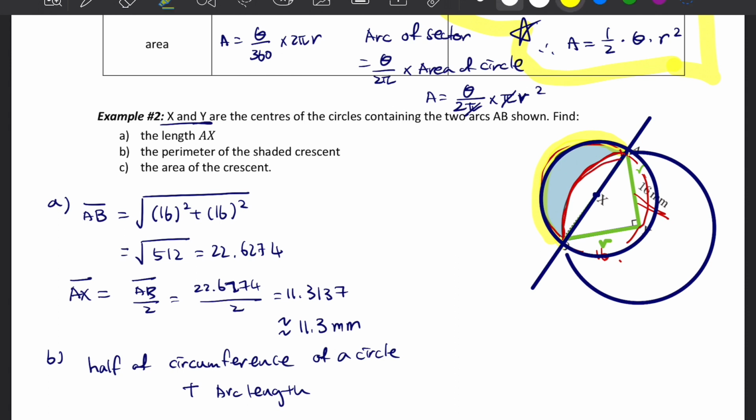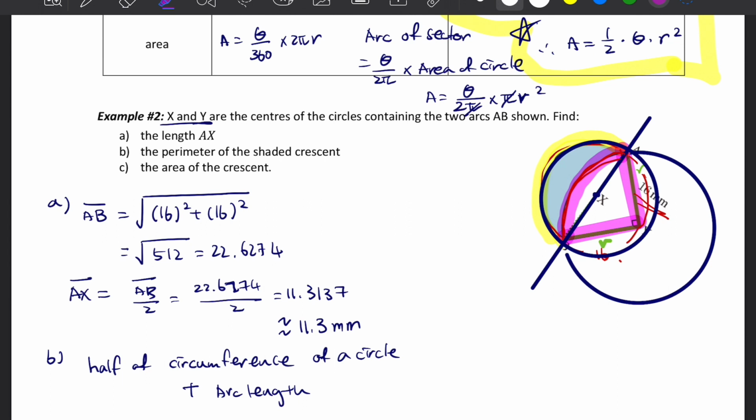Let's highlight it with pink. We need to find this part, right? And this is actually the arc length of this sector, so we're going to find the arc length of the sector.